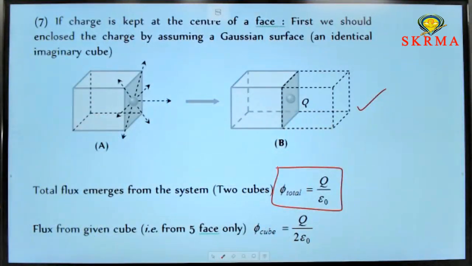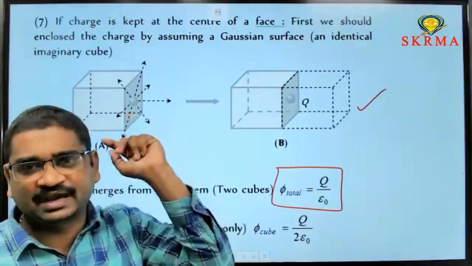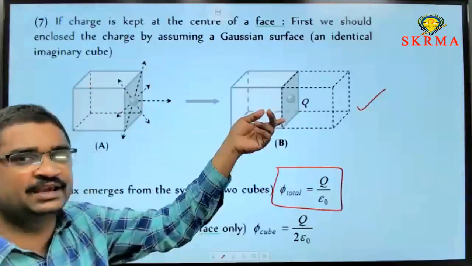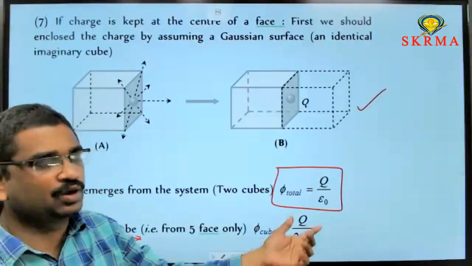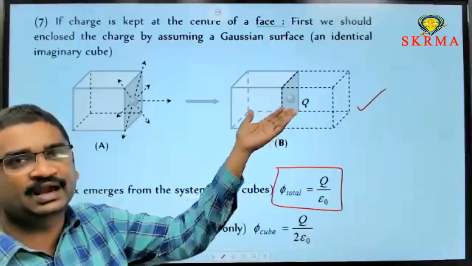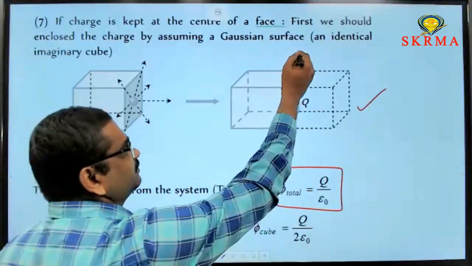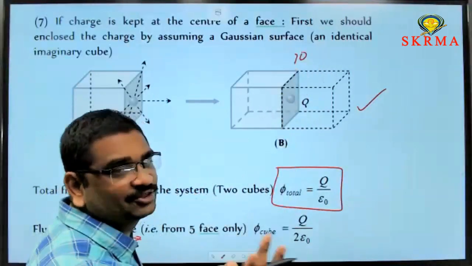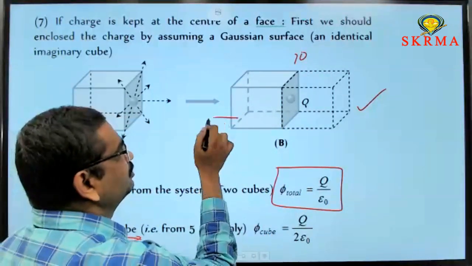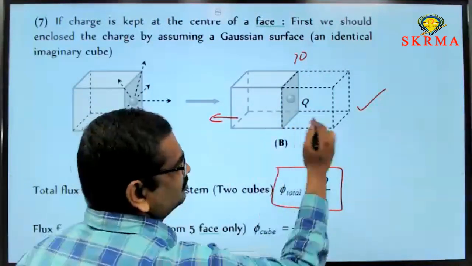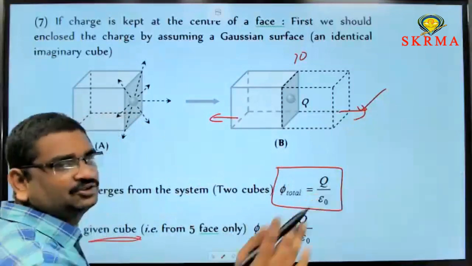Next, flux passing through any one of the cubes. How many cubes are there? 2 cubes are there. Flux passing through any one of the cubes is half of this, because there are 2. For example, if 10 is the flux, 5 field lines pass through this cube and 5 through that cube.